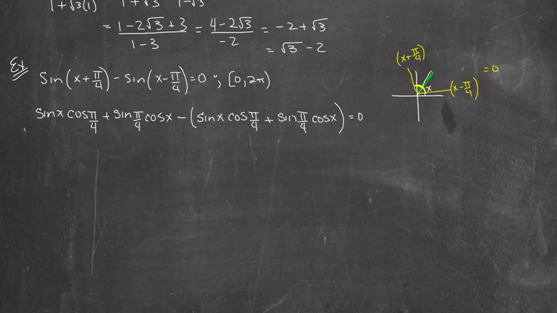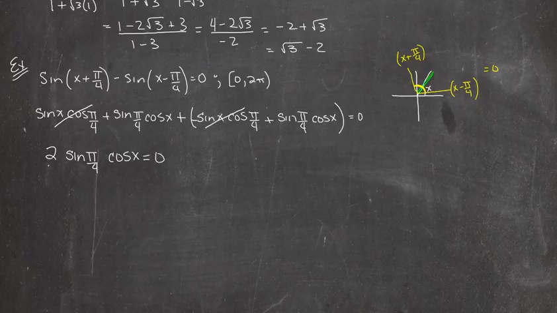So I'm going to change the signs of everything inside, and now I can disregard the parentheses. So I have sine x cos pi over 4 and a minus sine x cos pi over 4. So those cancel. Yay, that was helpful. And then I have a sine pi over 4 cos x, sine pi over 4 cos x. I have two of them. So that's 2 sine pi over 4 cos x equals 0.